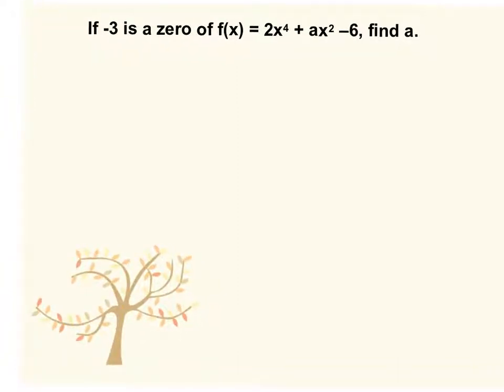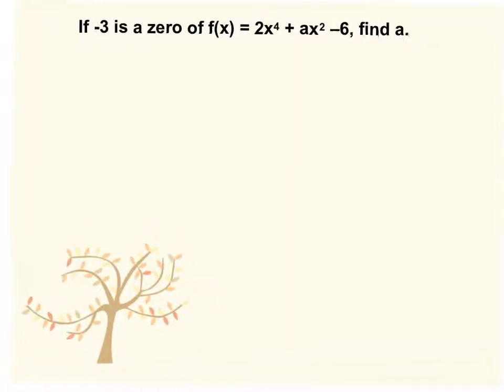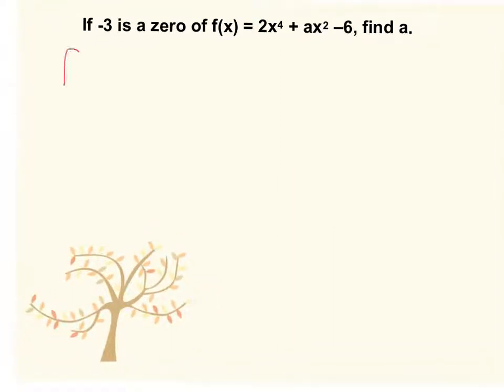Take a look here. If -3 is a 0 of f of x, there I have a 4th degree polynomial, and I want to know what coefficient would I have to put in front of x squared to make that polynomial have a 0 of -3. Just remember here that when we say that -3 is a 0, I'm saying that if I put that in for x, it gives me a y value of 0.